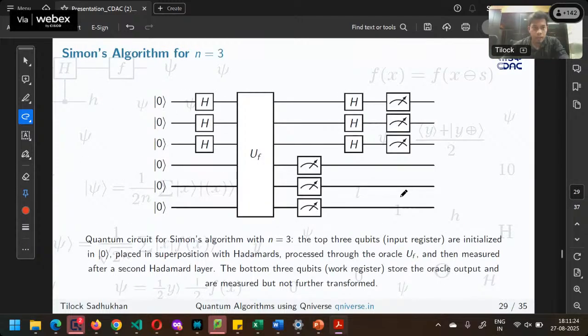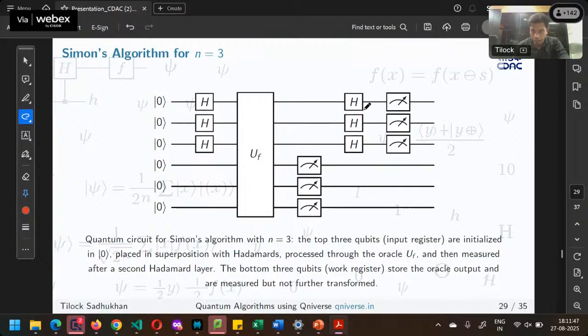Now, here is a circuit diagram, or the intuition of the circuit, of the three qubit system, n equals 3. We will require 6 qubits in total. We apply the first set of Hadamard gates on the first 3 registers. Then we apply the oracle, and I have applied a set of measurement gates on the bottom register.